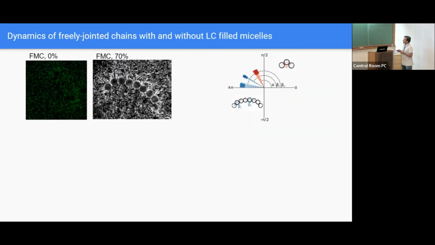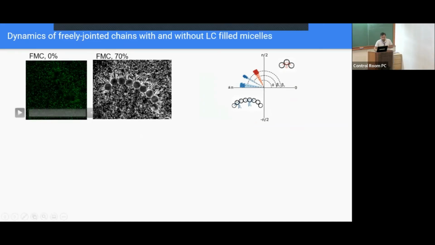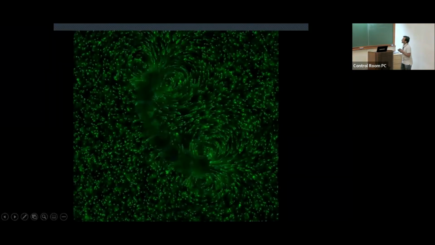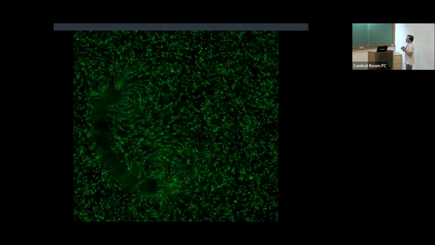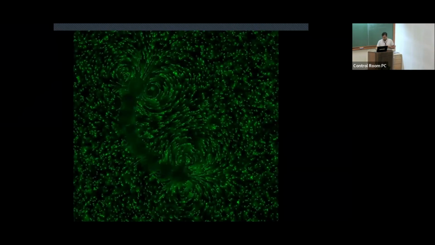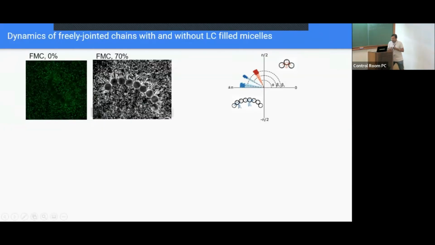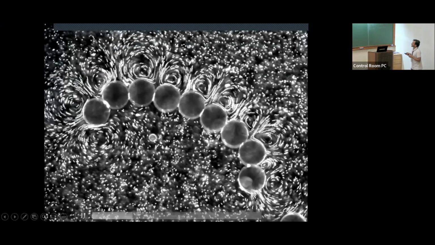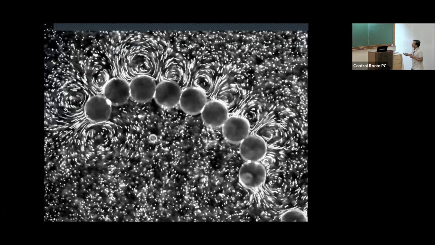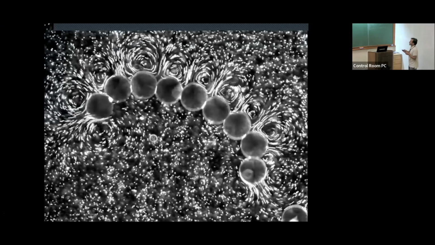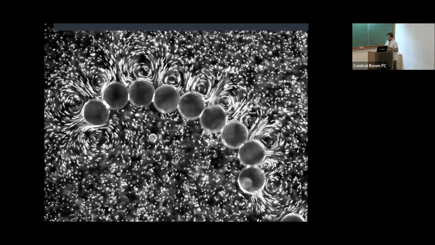When we measure the flow fields of these linear chains, they have this dipolar symmetry at their ends, but when we change the fraction of filled micelles, we see these vortices in front of these self-propelling chains.